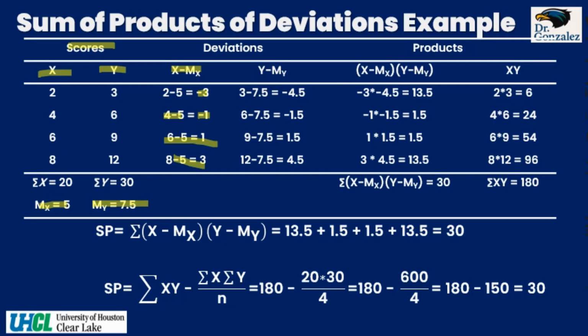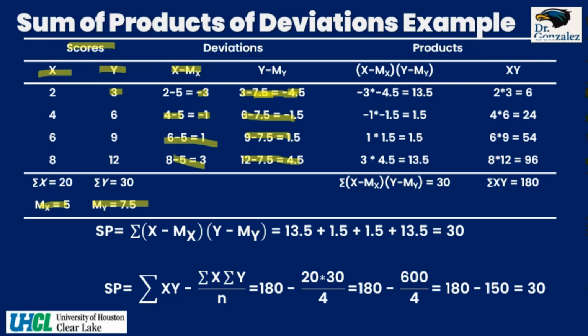And I can do the same thing for y. Remember my mean sub y is 7.5. So I'm going to take my y score, 3, and subtract 7.5 from it, and I'm going to get negative 4.5. There they are. Remember, negatives are not a good thing. We need to get rid of those, right? So that's where the multiplying, the products, comes in.